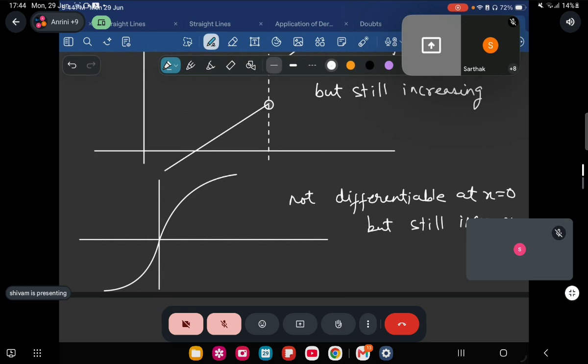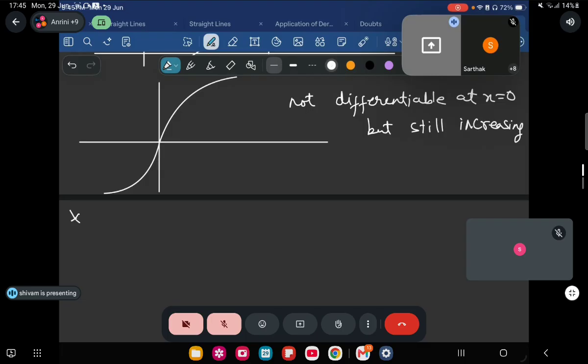So it does not matter whether the function is differentiable or continuous at a point or not. We can still conclude that the function is increasing or decreasing.